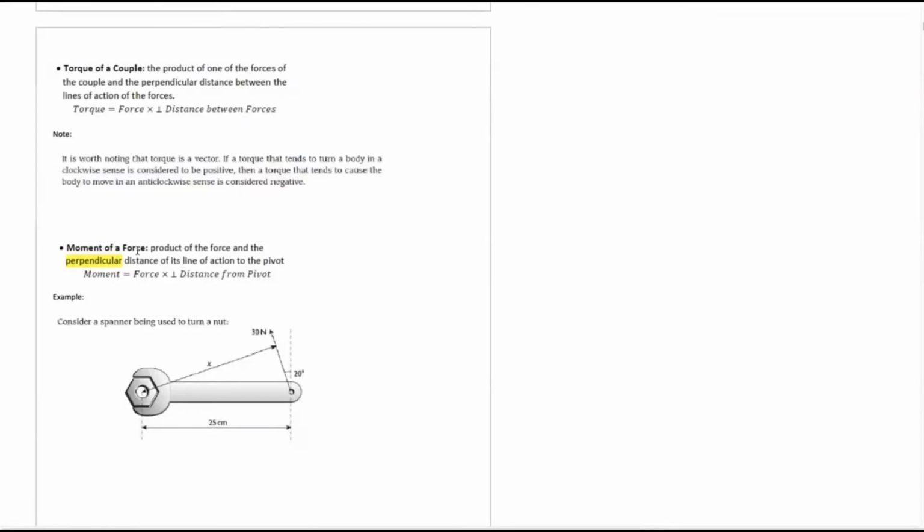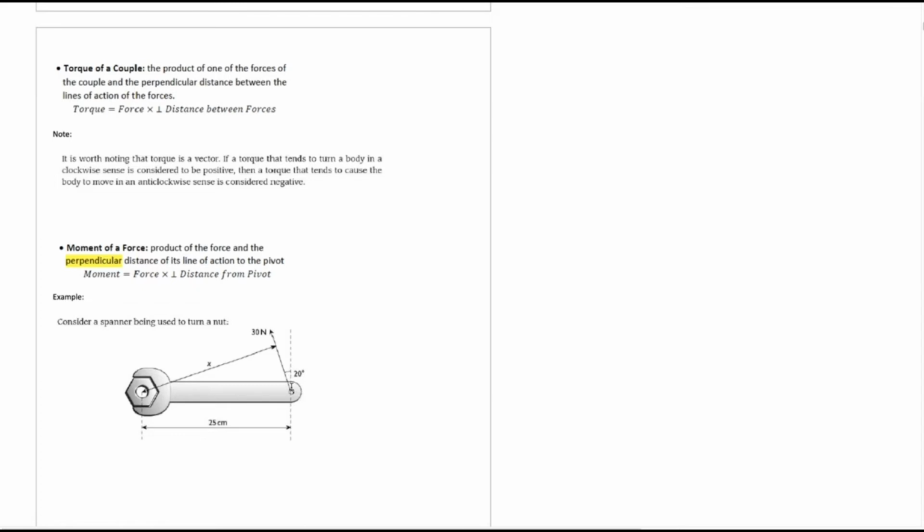Okay, so that is torque. Moment of a force is the product of the force and the perpendicular distance of its line of action to the pivot. So a force, one force, compared to a couple, two forces. So with this one force, you want to count the moment.